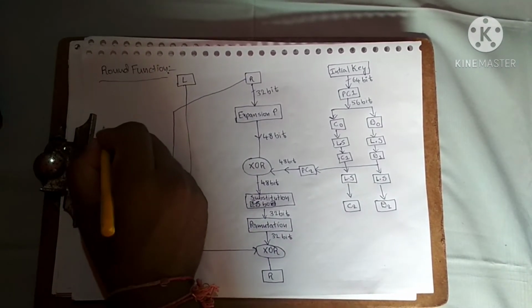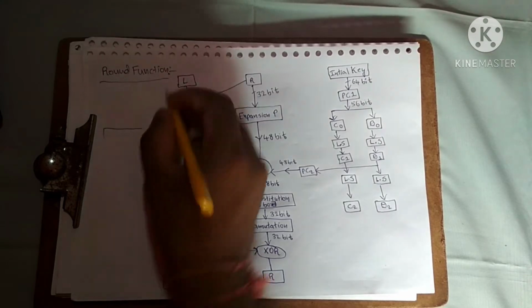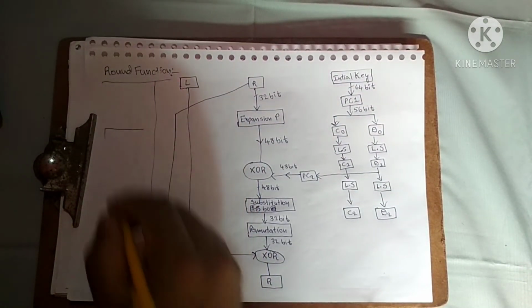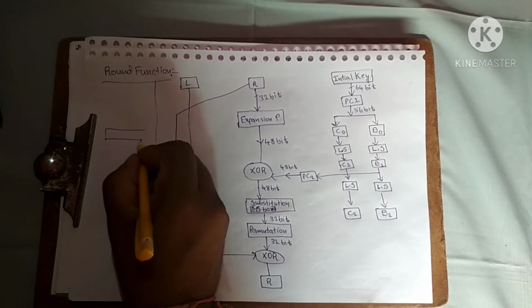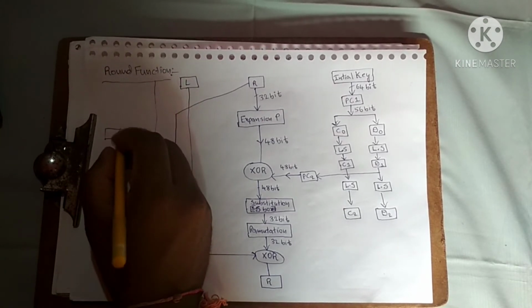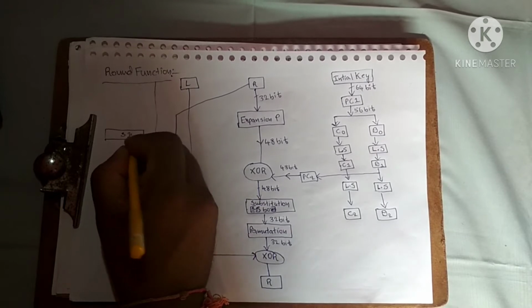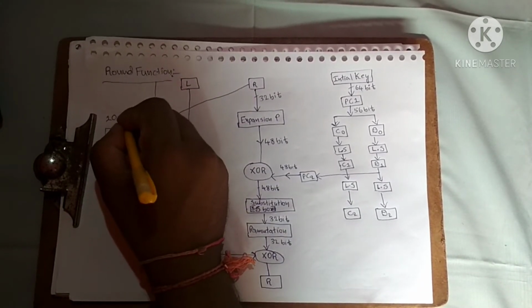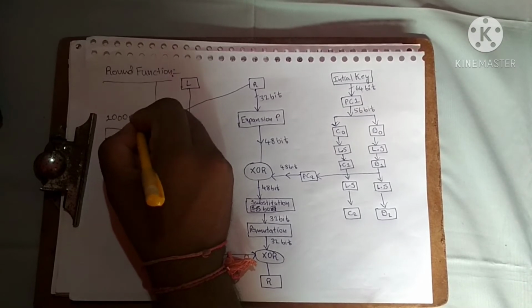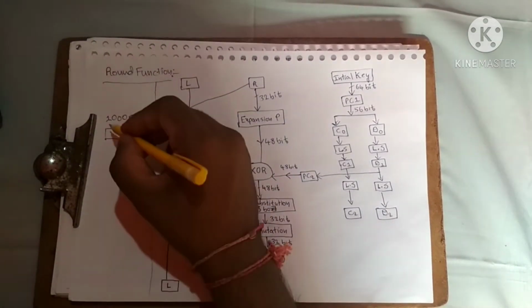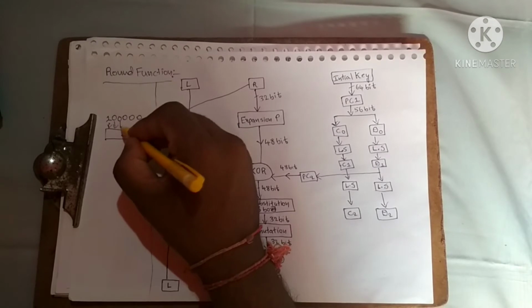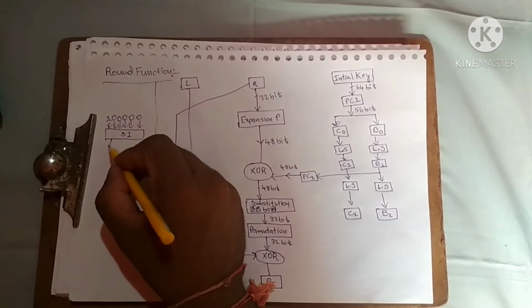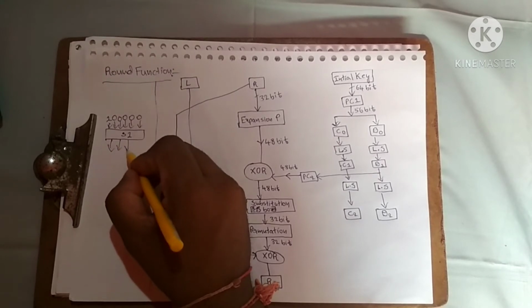Let's take an example. This is the substitution box S1. We are taking the bits, 6 bits: 1 2 3 4 5 6.